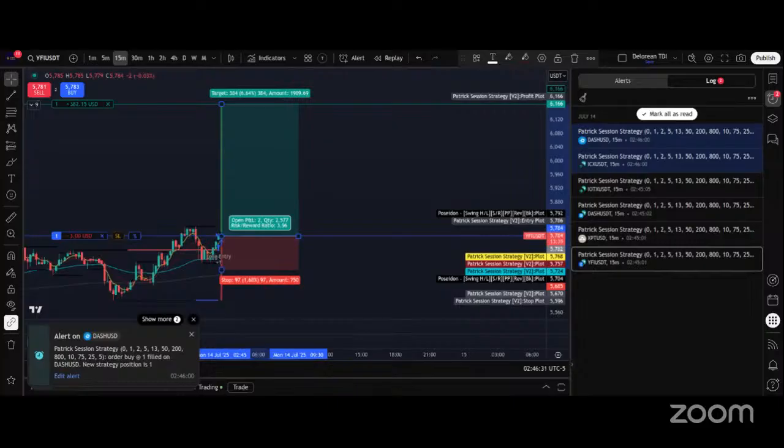Stop loss is going to be 56.85, and that's going to be for 97 pips. And entry price is going to be at 57.82.